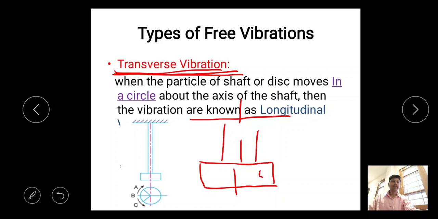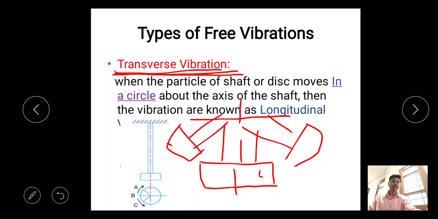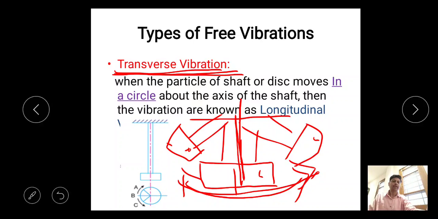Suppose the particle is moving like this. How is it moving? It is moving perpendicular to the axis, not parallel.